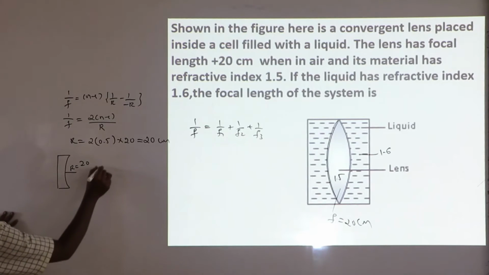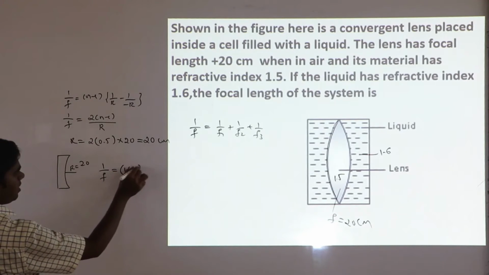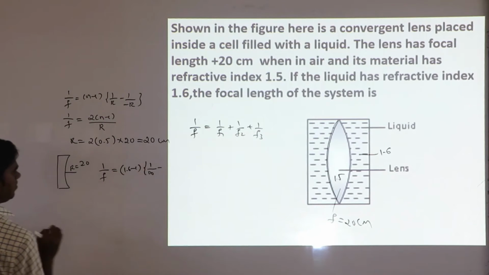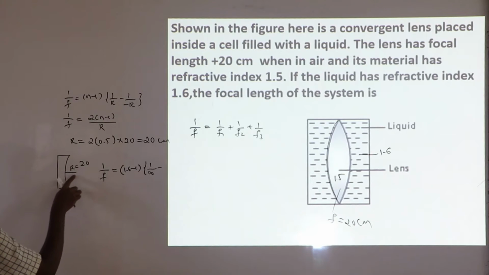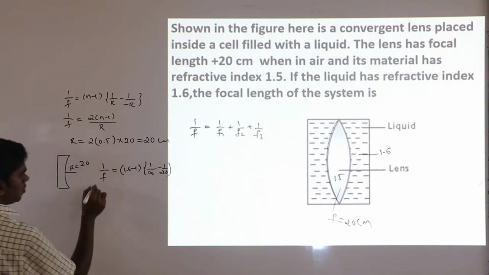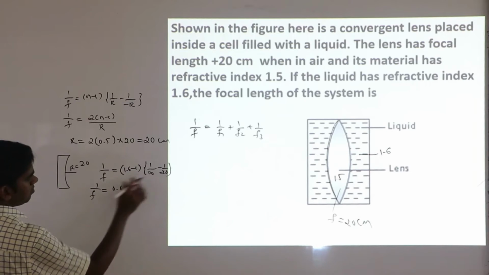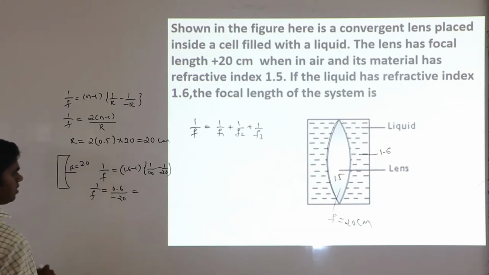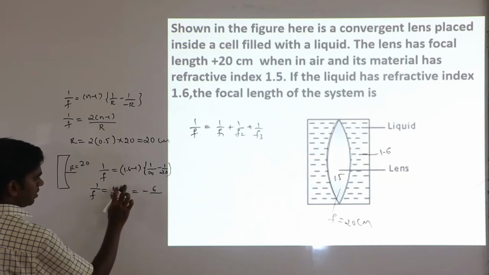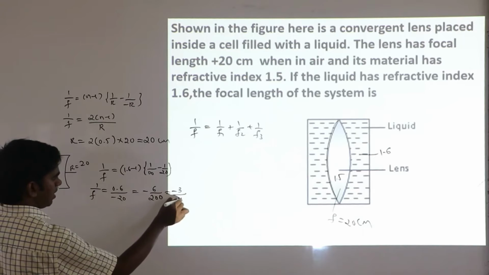Now 1/f = (n - 1)(1/r1 - 1/r2), so (1.6 - 1) into, r1 is plane so it is infinite, minus 1/r2, where r2 is 20, so it is plus 1/20. So 1/f = 0.6 into minus 1/20, which can be written as minus 6 divided by 200, so minus 3/100.